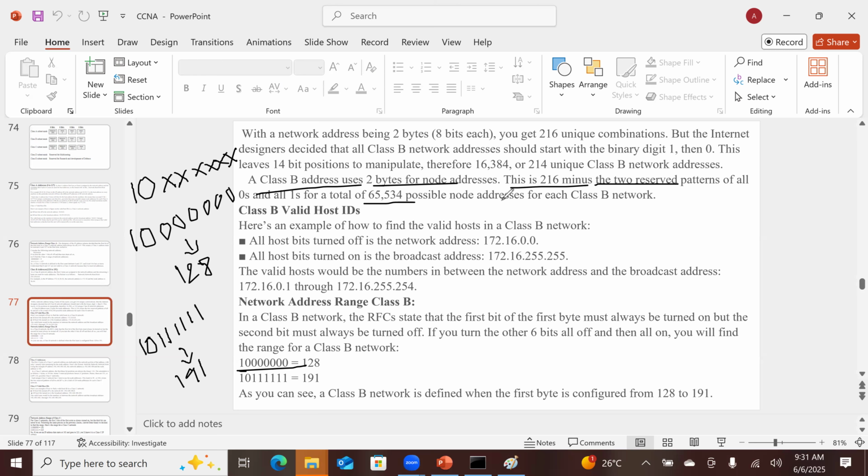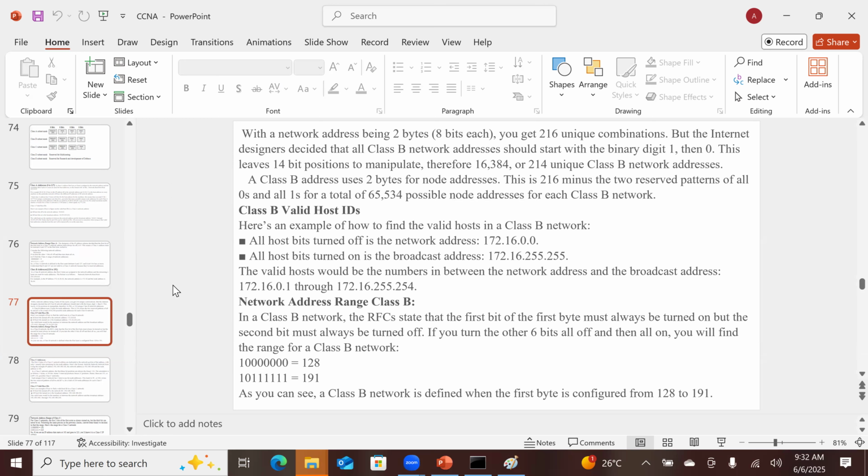This is what the node address will get in each class B network. So how to find the valid host ID in class B? Consider 172.16.0.0. If all host bits are 0, that is called the network. And if all host bits are 1, that is called the broadcast.